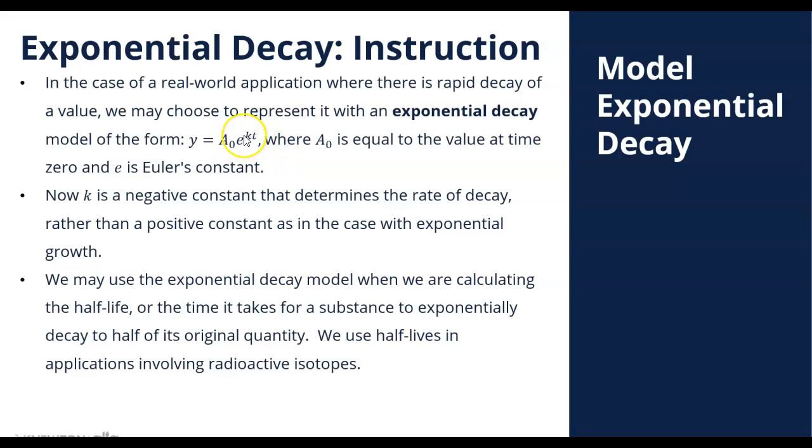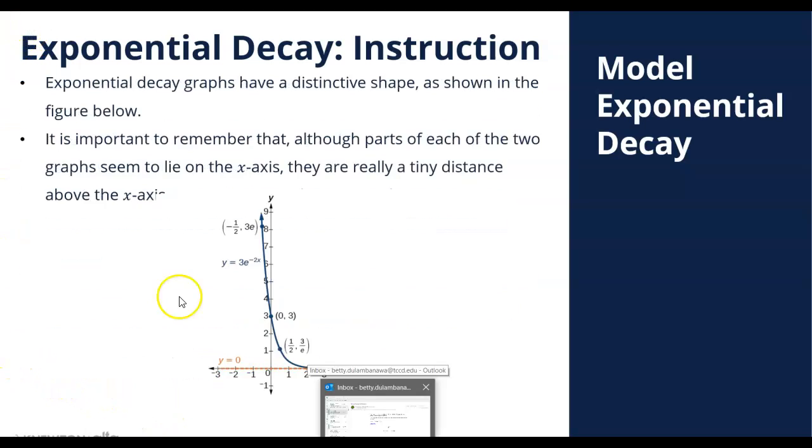Now, k here is a negative constant, and that determines the rate of decay. Oftentimes, we use this to calculate the half-life. The half-life is the time it takes for a substance to exponentially decay to half of its original quantity. We use half-lives in applications involving radioactive isotopes.